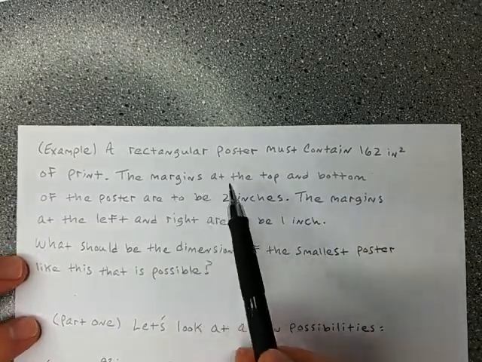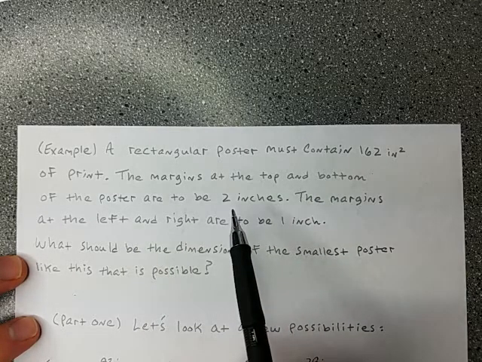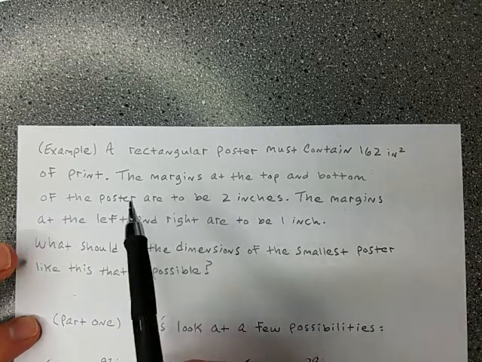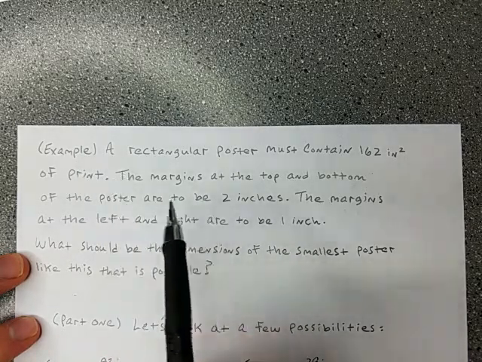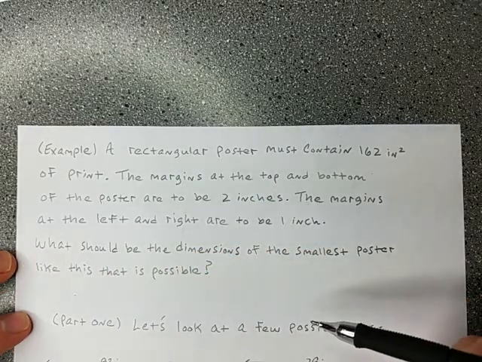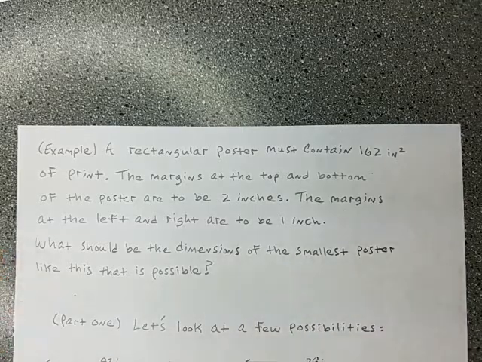The margins at the top and bottom of the poster must be 2 inches in width, and the margins at the left and right are to be 1 inch. So there's this printed space, and then there's margins at the top and bottom and left and right. What should the dimensions of the smallest poster like this be that is possible? All right, that's the statement.